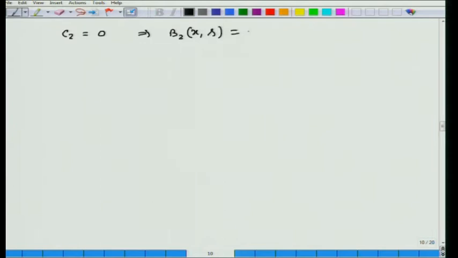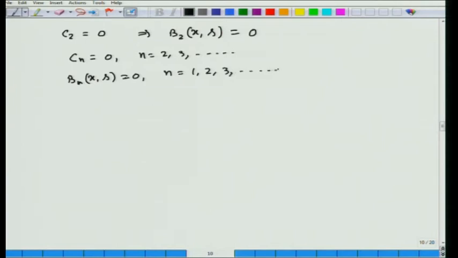and c2 equal to 0 implies b2(x,s) is also equal to 0, and therefore, we can write cn equal to 0 for n equal to 2, 3 and so on, and bn(x,s) equal to 0 for n equal to 1, 2, 3 and so on.